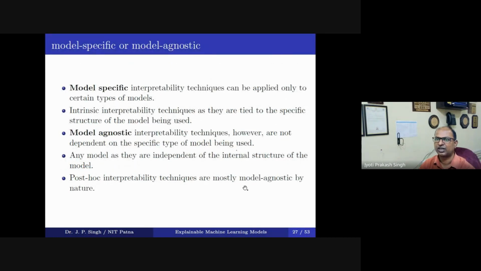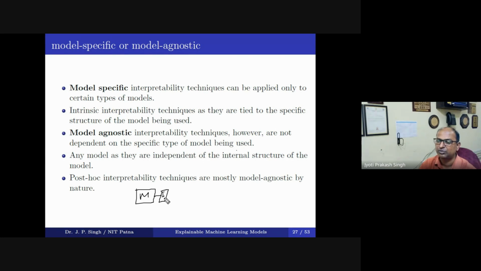Then some interpretability techniques are model specific and some are model agnostic. Model specific means, if you reconsider the last diagram, I have a model M1, and there is one interpretability plugin, I1, which can be applied only to this model.